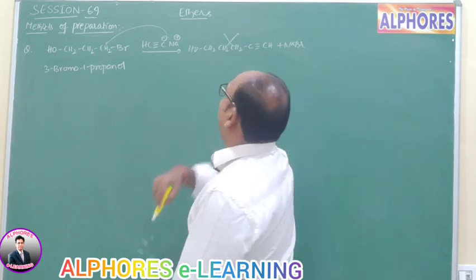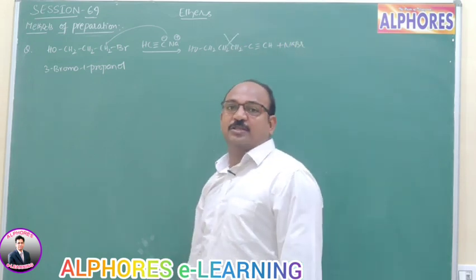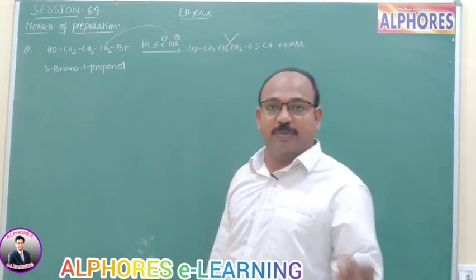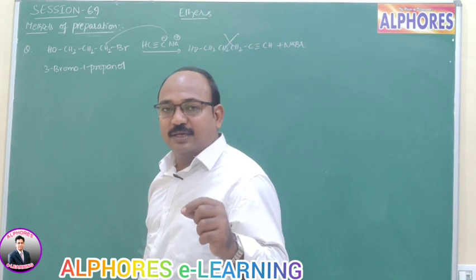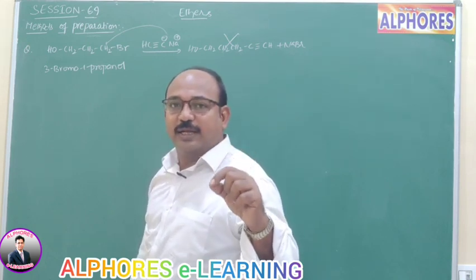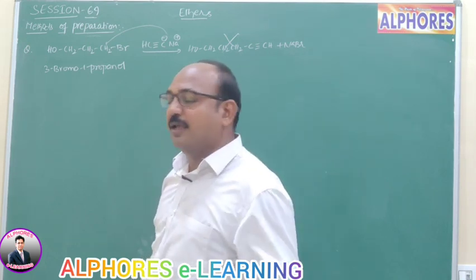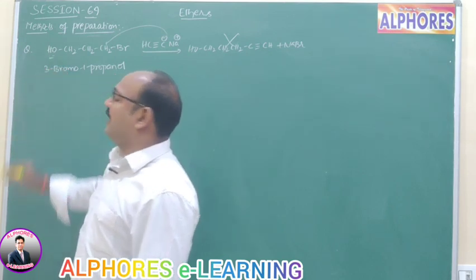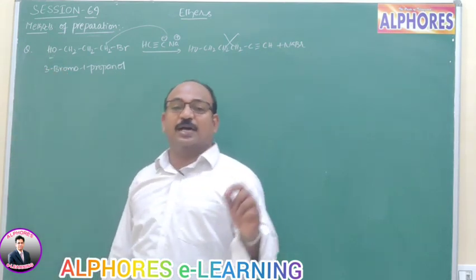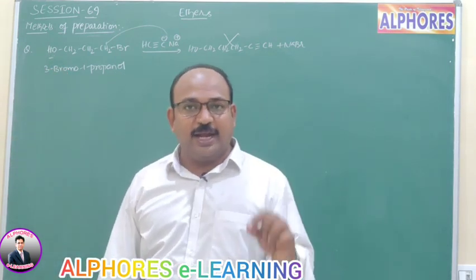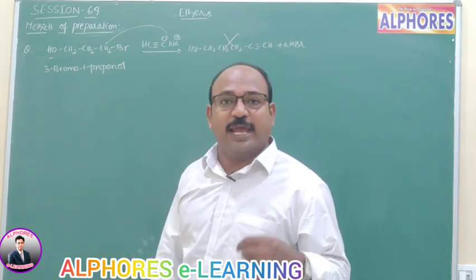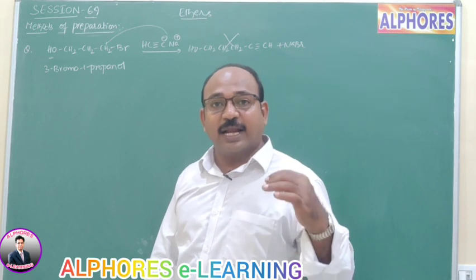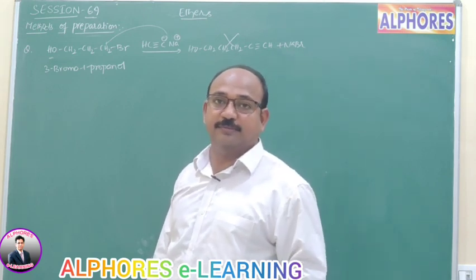But here this product does not form. Why? Because here monosodium acetylide prefers to act as a base. It still possesses one acidic hydrogen, so this carbanion prefers to act as a base rather than a nucleophile.